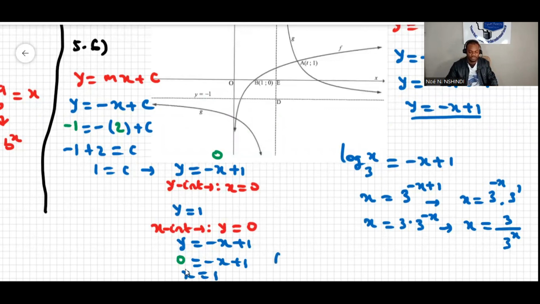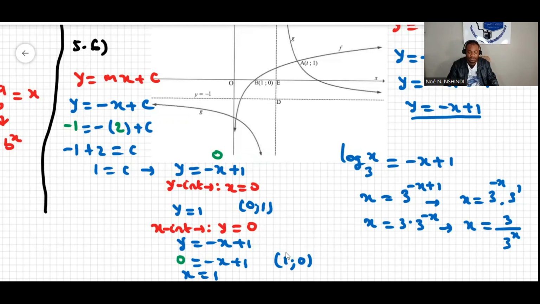Now we have the points 1, 0 and 0, 1. When I look at these points, 1, 0 is the same point as the point B. So the point B lies on f of x. So the point of intersection is the point 1, 0. And then you can check it out here also.